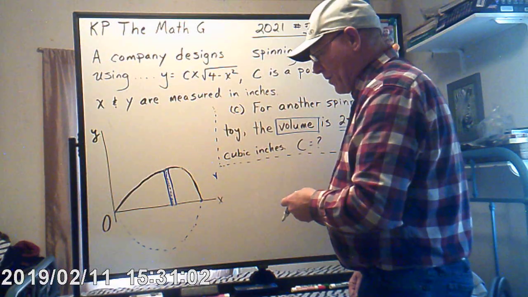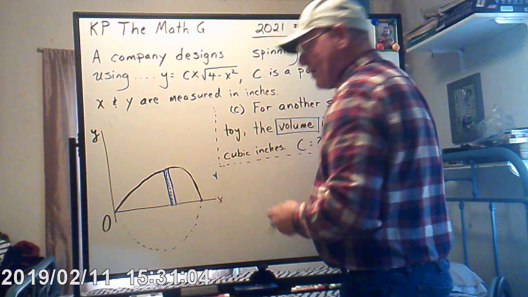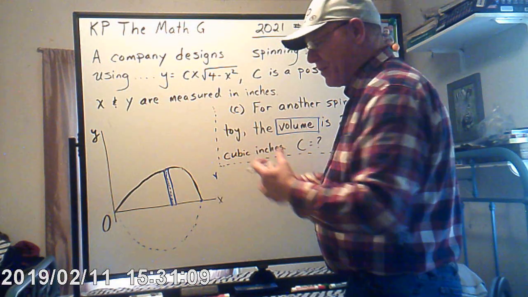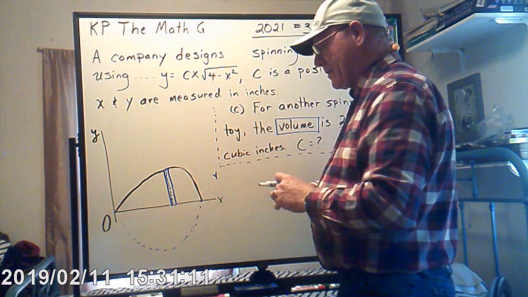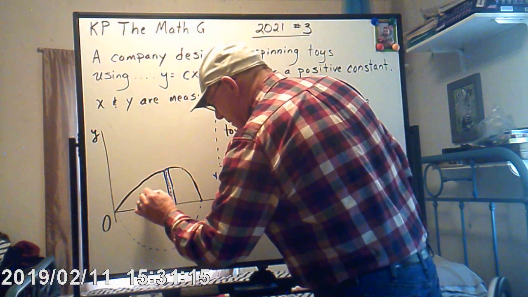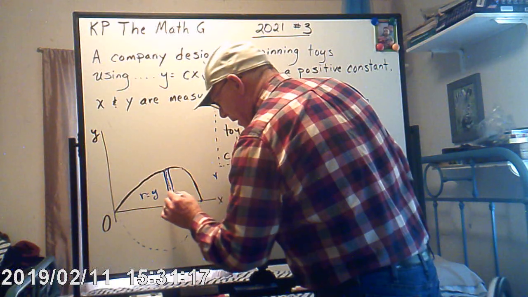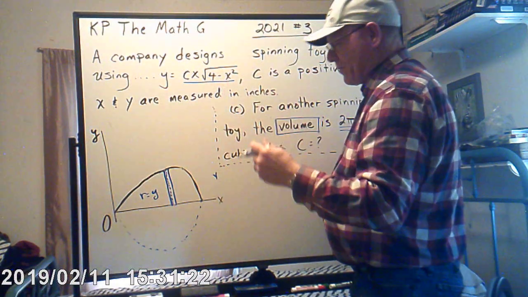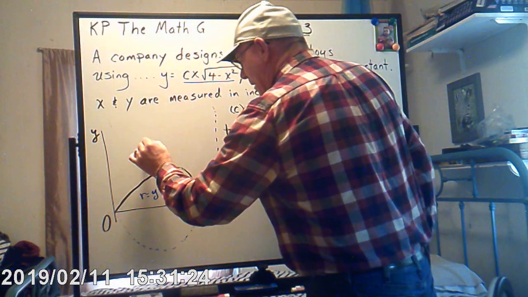If we're doing it by this disk or solid of revolution method, that's the way it's going to be set up. And incidentally, this is a radius r, which is, by the way, y. Well, y is this, isn't it? Alright, so what we have here is the area.